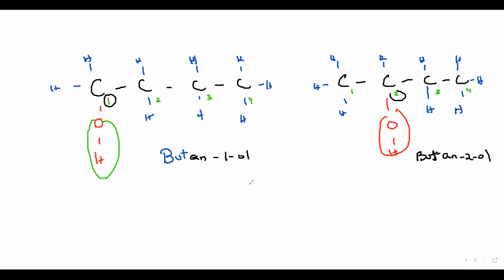If I draw another structure and further move this OH towards the right hand side, so this is O and H, and then the remaining will be the hydrogen atoms.